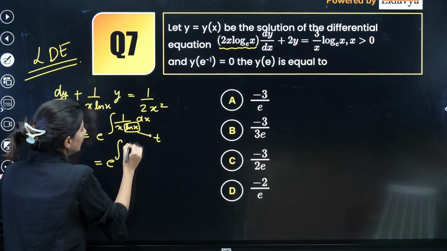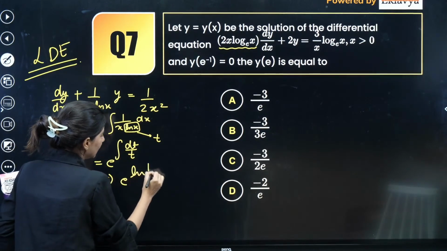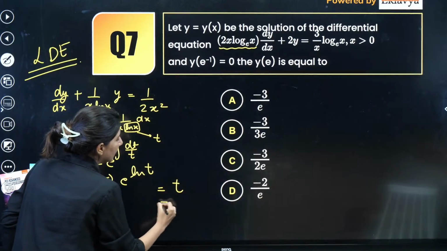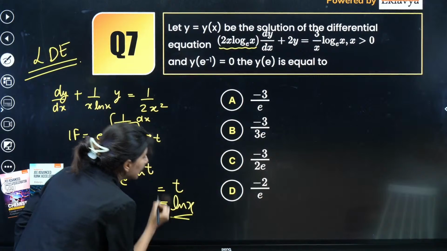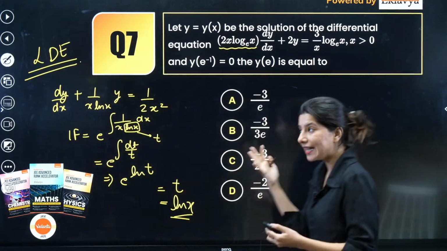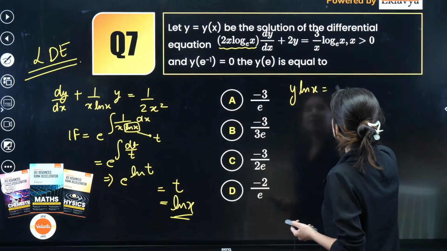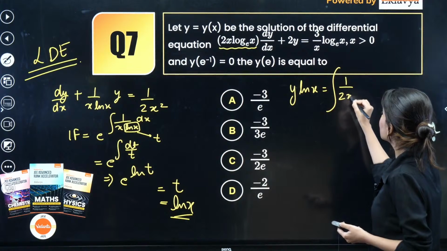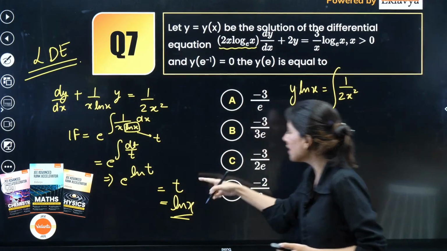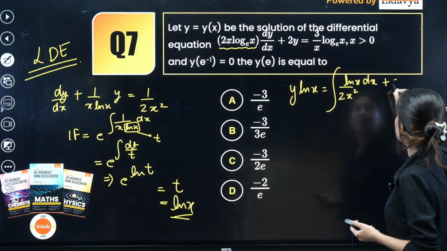So integral of dt by t, so this is going to be e raised to power log of t. So t is your integrating factor. What is t? So log x is your integrating factor, my dear students. And now y multiplying log x is equals to integral of q, 1 upon 2x square, right? And we are having log of x dx plus c.